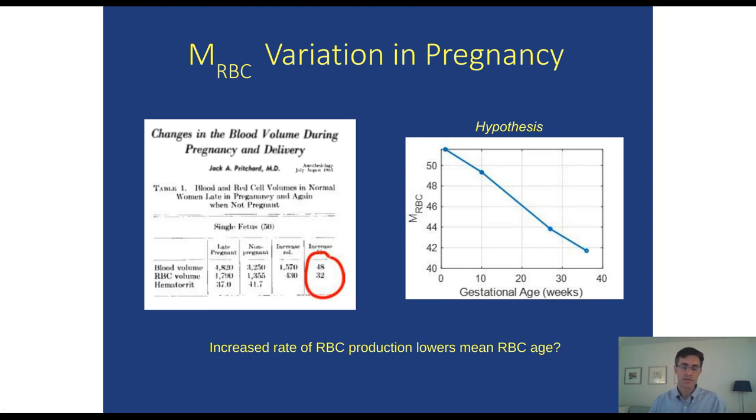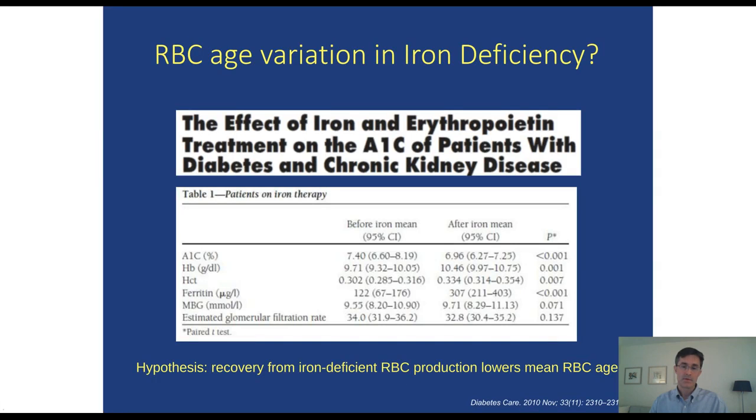Another condition that's associated with A1c change is iron deficiency. Here's a study from Diabetes Care in 2010 measuring the effect of iron and erythropoietin treatment on A1c in patients with diabetes and chronic kidney disease. We can see before the iron treatment, the A1c level was 7.4% on average when these individuals were iron deficient.